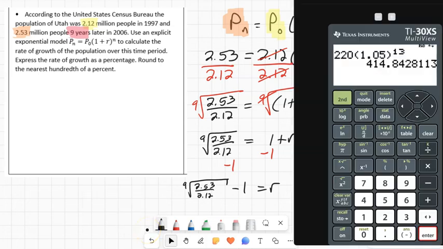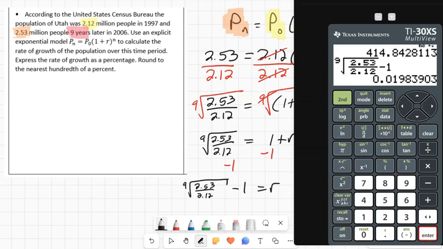To get the 9th root, you hit the 9 first, then the nth root button. And we now have the 9th root. I'm going to use a fraction inside, 2.53 over 2.12, and then out of the root, the minus 1. Okay, this is the decimal rate.